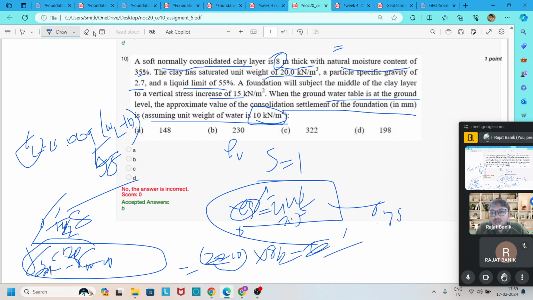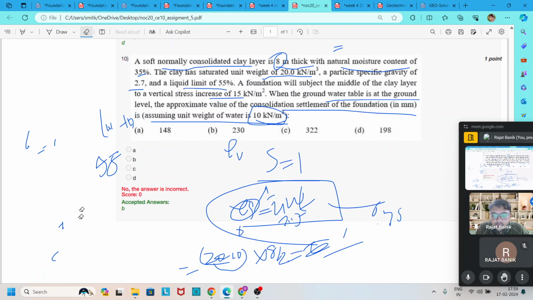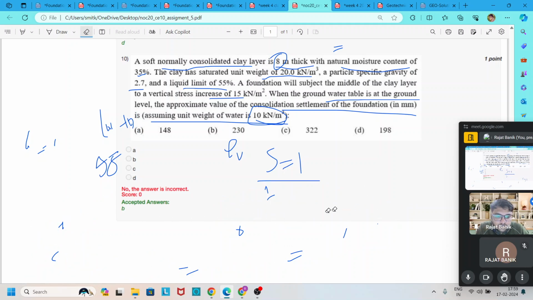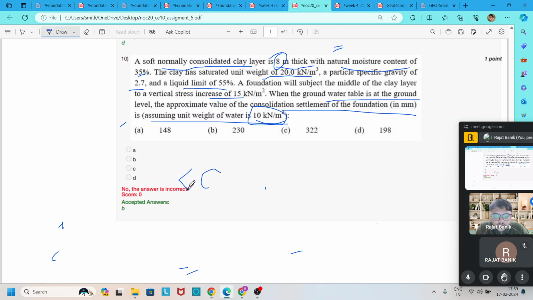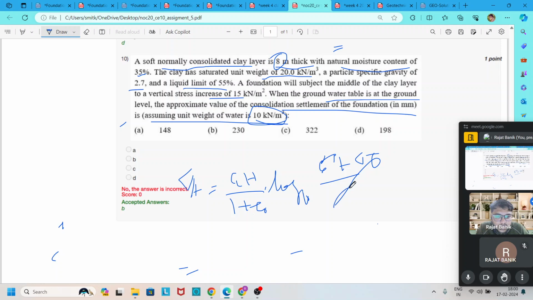Put all these values in this consolidation formula, the primary consolidation formula based on compression index. I write here: del H is equal to Cc into H divided by (1 plus e naught) into log 10 of (sigma dash plus del sigma) divided by sigma dash.